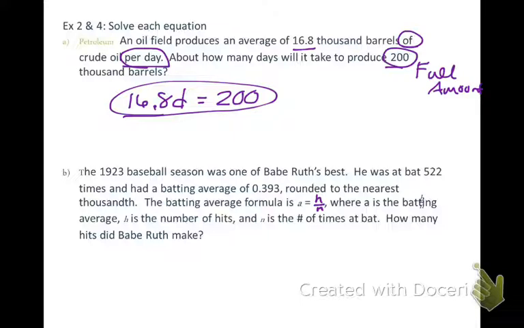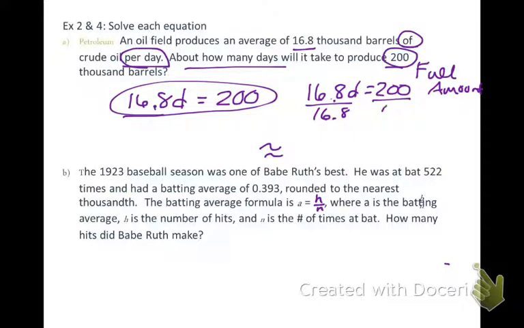Now I'm going to find the answer. It says about how many days, so you're going to have an about sign and make it a whole day, because we just want a full day. So 16.8 D equals 200. I'm going to divide by 16.8. It's multiplying D, so I want to divide it.